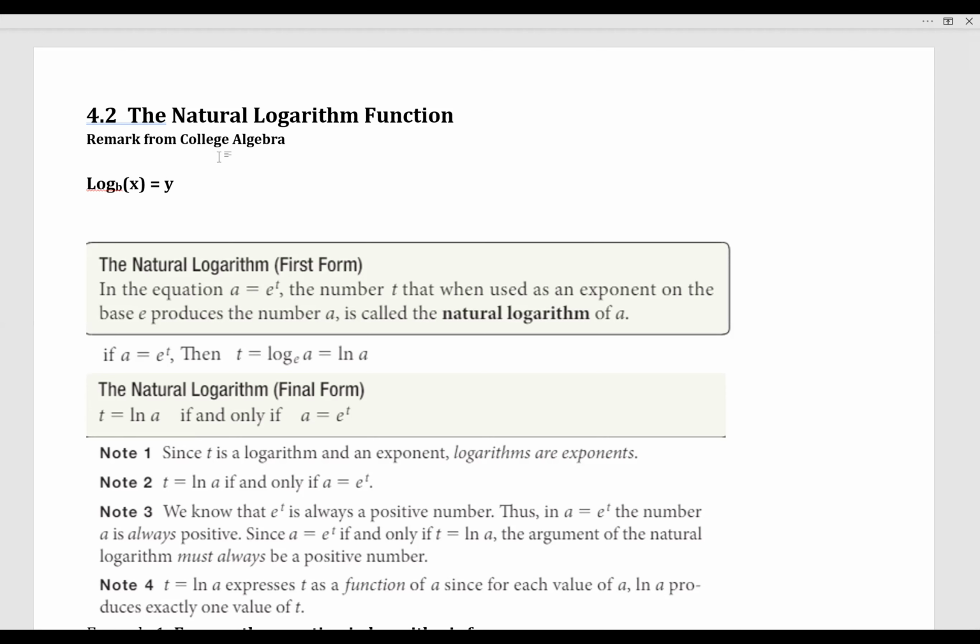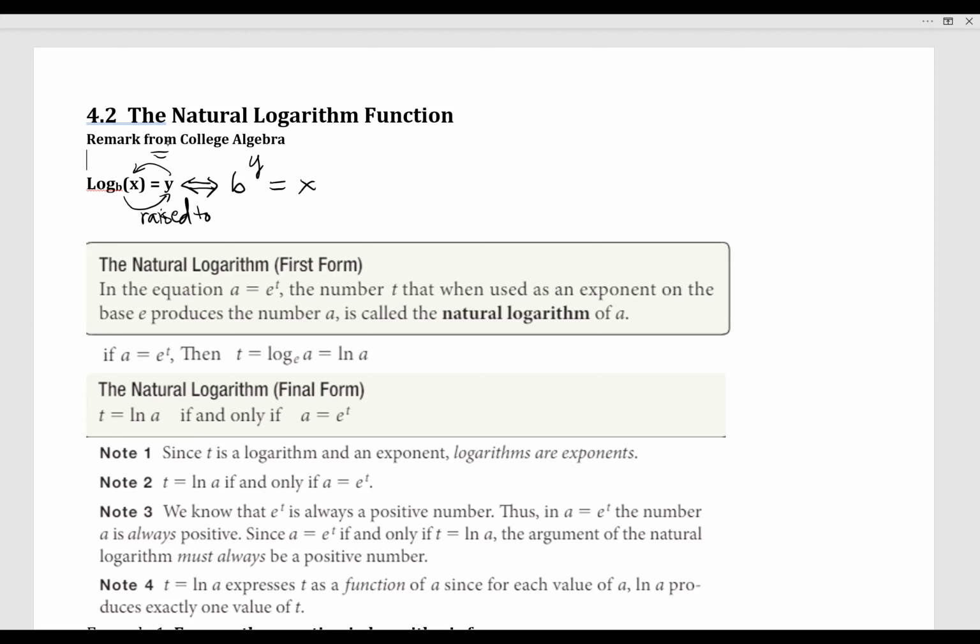So this is a logarithm function, okay, and it can be rewritten as an exponential function by just changing the form. You put the base b raised to y, and it equals the argument inside the log, which is x in this case. All right. So this is the definition of the logarithm.